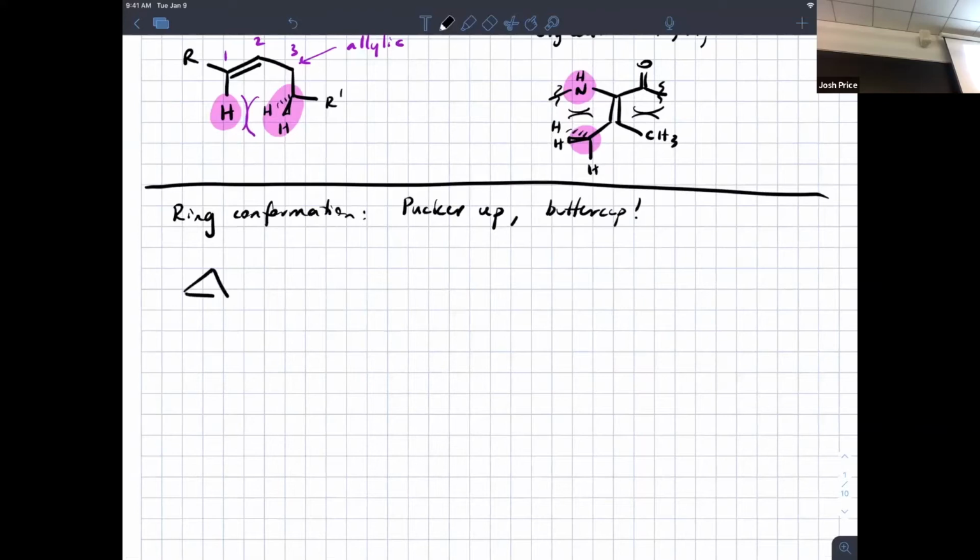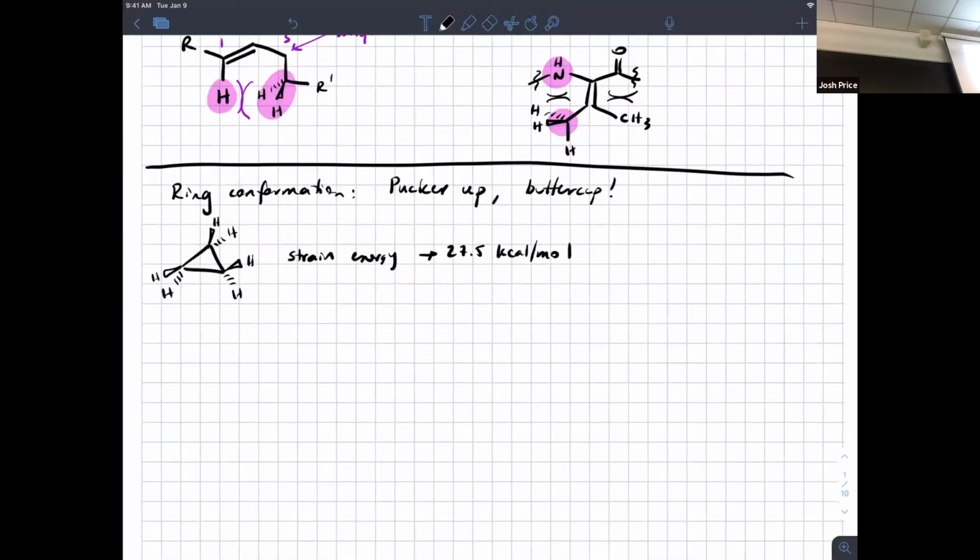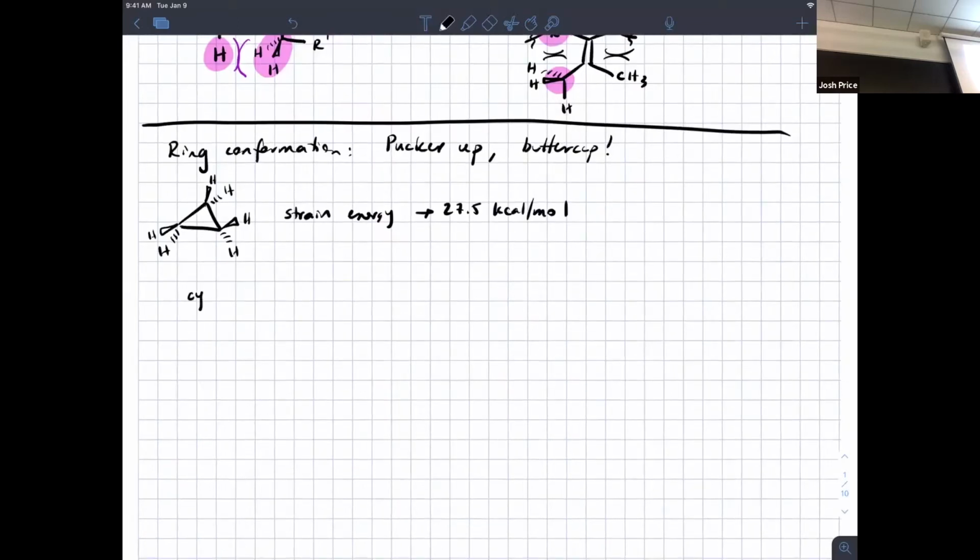In cyclopropane, the strain energy is 27.5 kilocalories per mole, and that arises both from the angle strain and because of the enforced eclipsing interactions between the protons, right? There's no way to rotate things so the protons are not eclipsed. If you were to sight down any one of these carbon-carbon bonds, you'd be able to see how the protons are eclipsed.